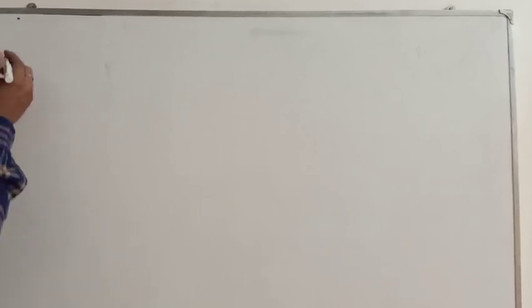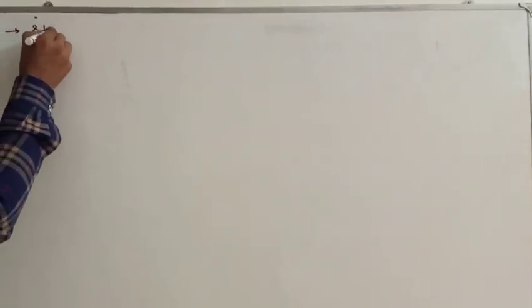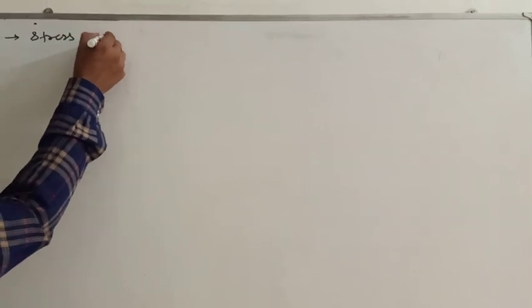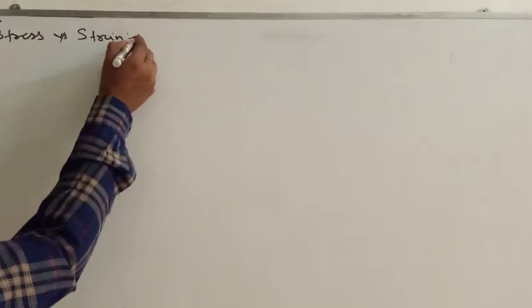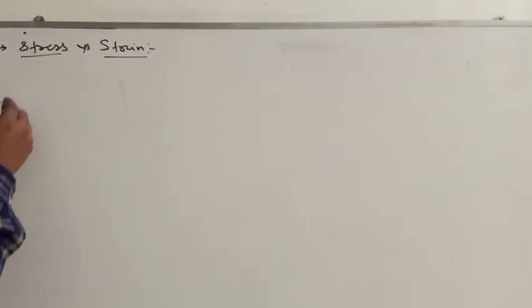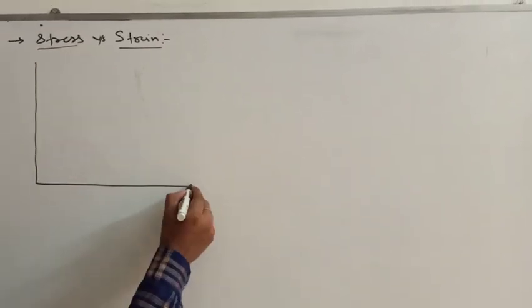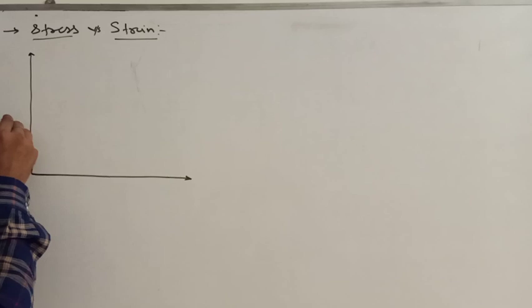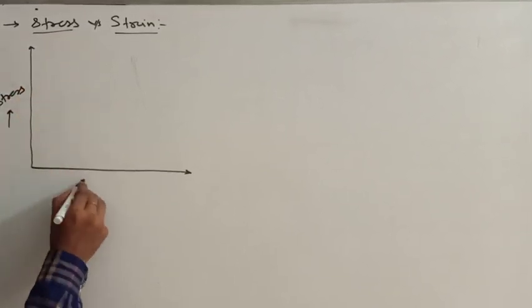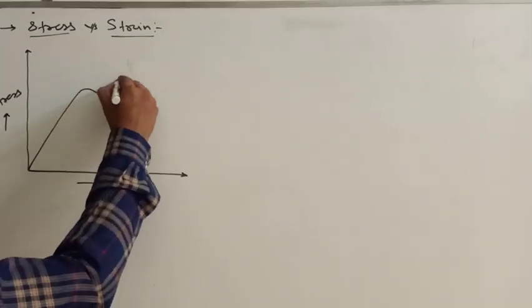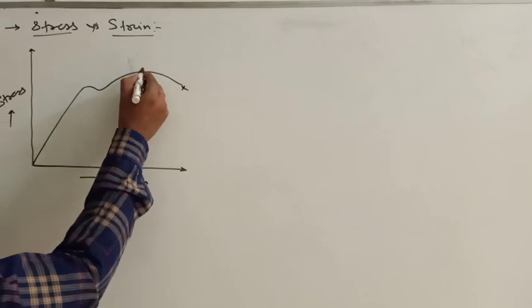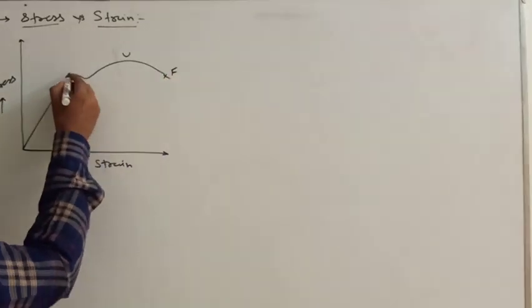The next topic which we are considering is the stress versus strain diagram. This is the stress strain diagram for our ductile material, in which these limits are defined by some points.